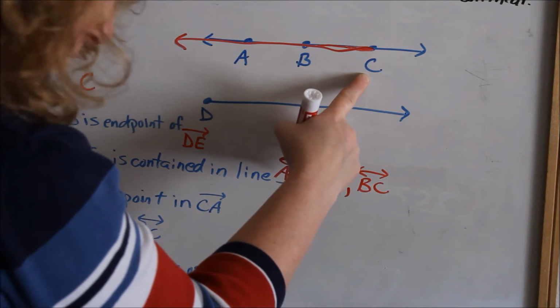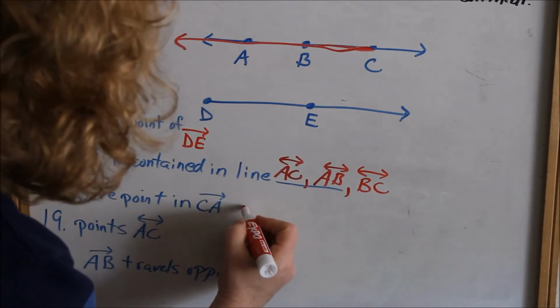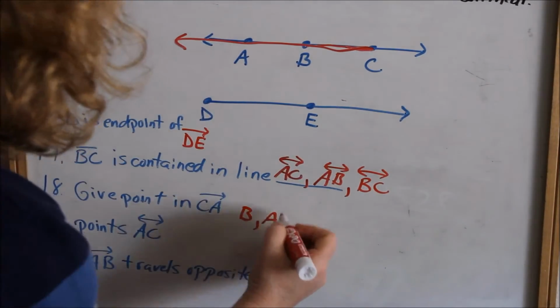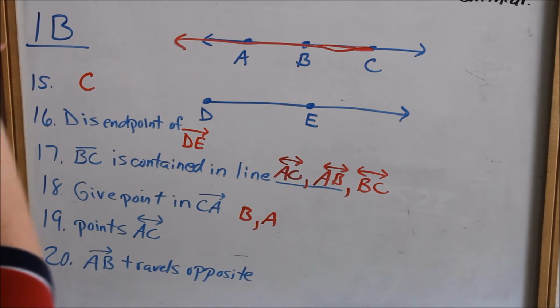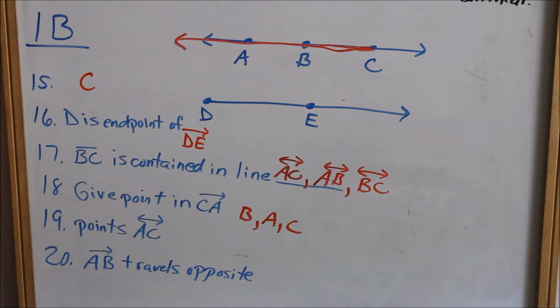You could name the point B is in ray CA. The point A is in ray CA. And also point C is also in ray CA. So you could have named any of those points.